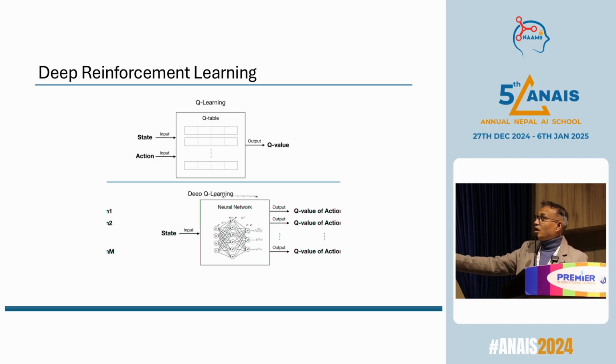So far what we have studied is in the Q learning algorithm, we maintain the Q table. You have the state, you have the action. You look at this state and actions, and you find the highest value somewhere over here, and you get the Q value. But in deep reinforcement learning, you only take the state as an input.